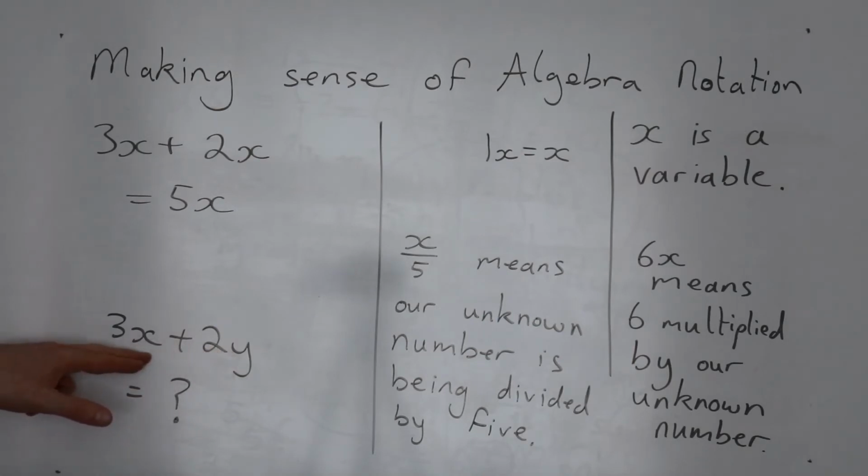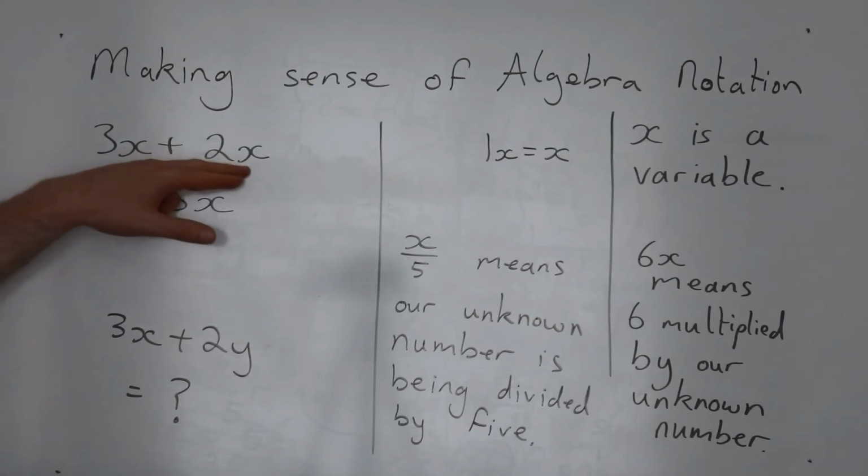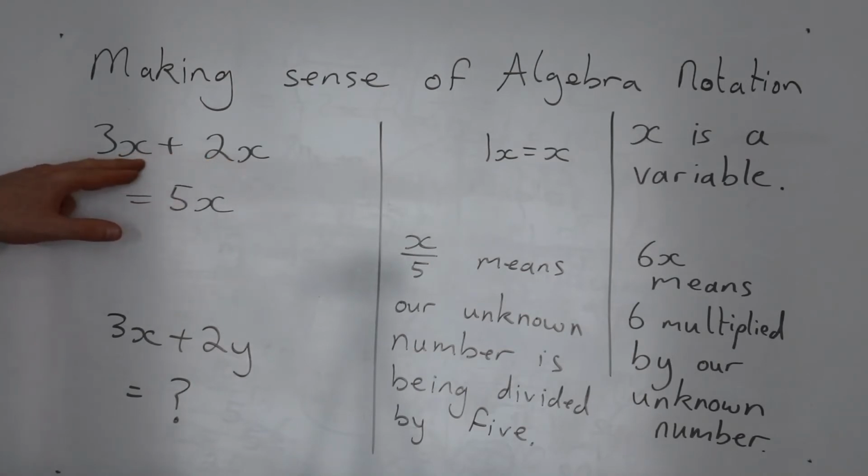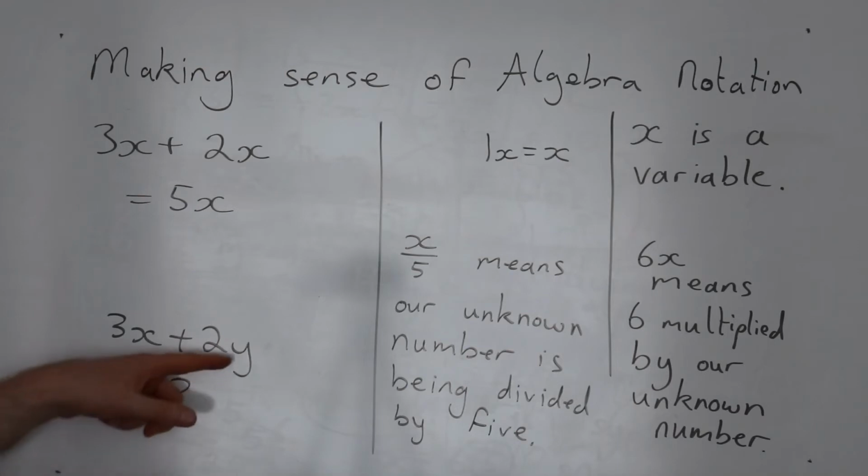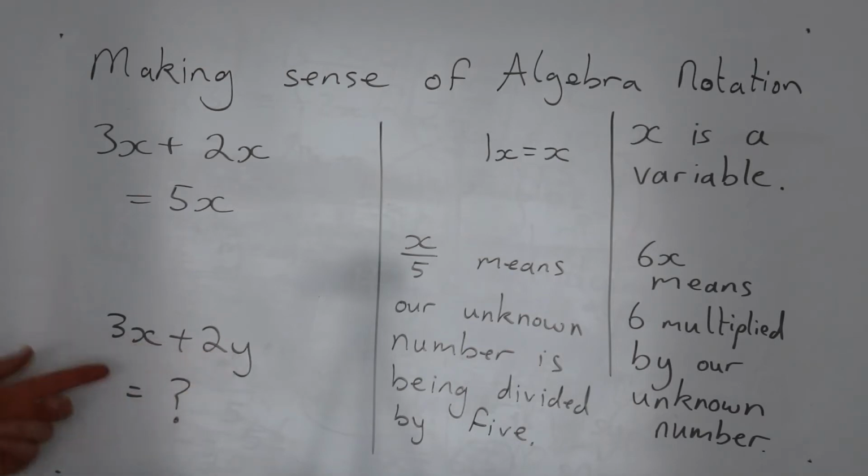I don't know the value of x, I don't know the value of y, but I will assume that x has a different value to y. Up here, we're using the same symbol, so it's fair to assume that this symbol has the same value as this symbol. If we see different symbols though, it's understood that they have different values.